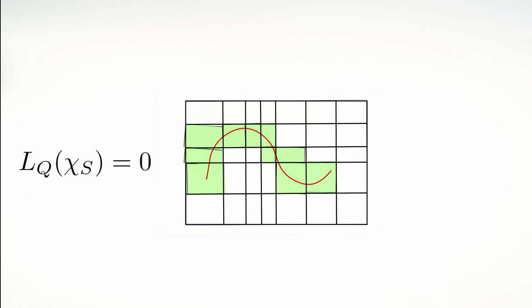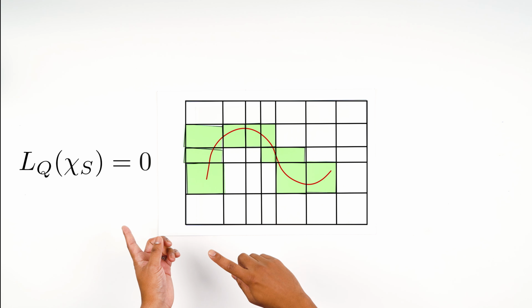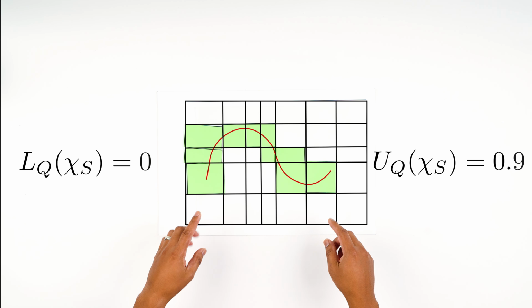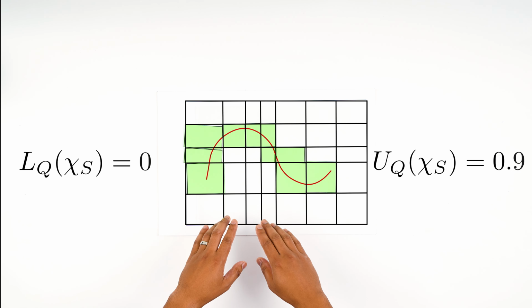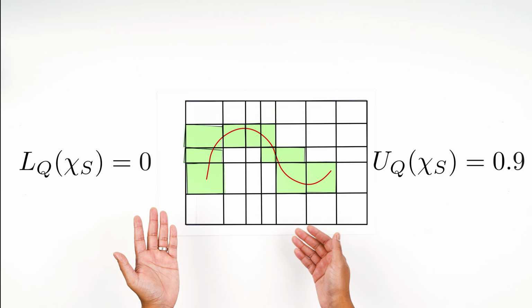Similarly, these subrectangles have a point which does belong to S. These other subrectangles do not. Thus, the Q upper sum is equal to the total area of these subrectangles. Since the partition has been refined, the Q upper sum is smaller than before. Let's say it equals 0.9. Again, if the area of S exists, then this shows that it must be between 0 and 0.9.